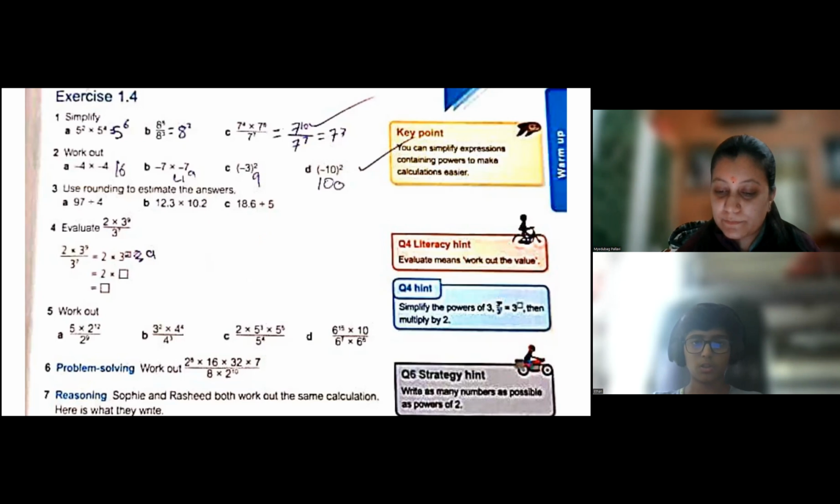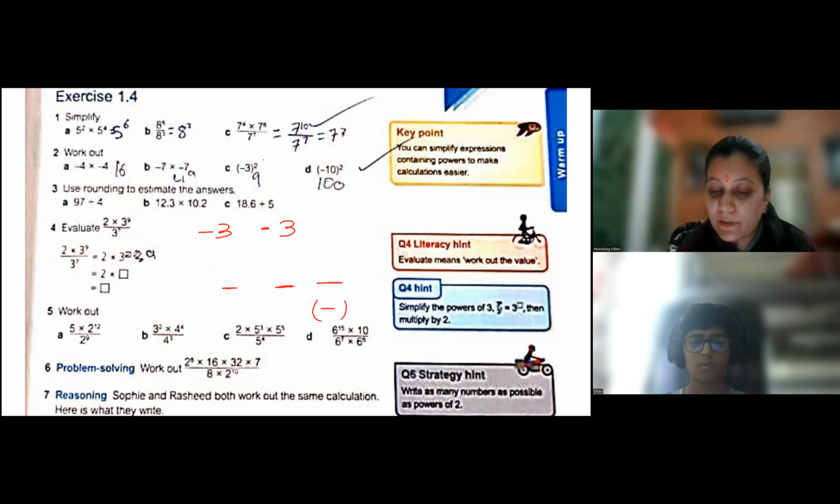Next one, C part, minus 3 into minus 3, right? So 3 squared. But then how will it become positive? Because it is minus 3, no? Minus 3 into minus 3. Okay, we have learned that when minus and minus get multiplied 2 times, it becomes plus. If minus is there 3 times, it will remain negative.